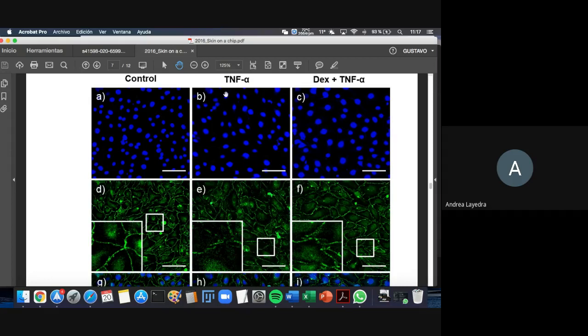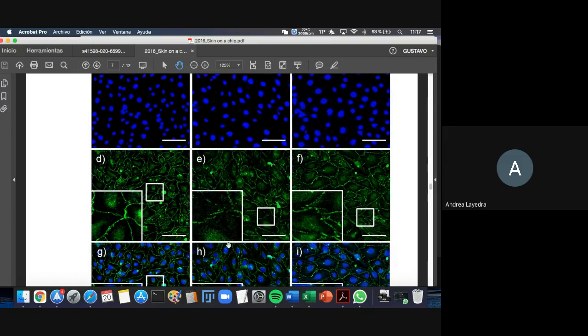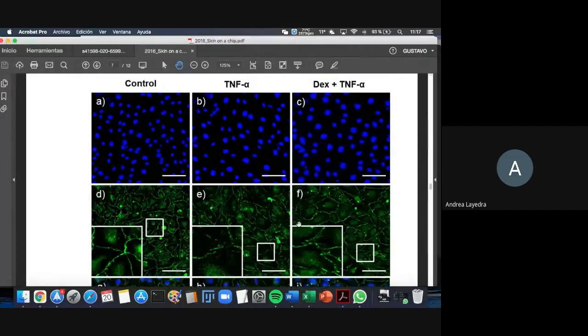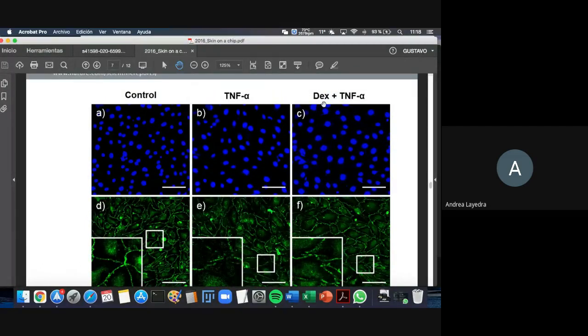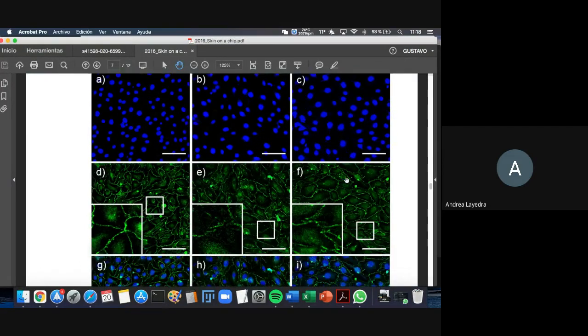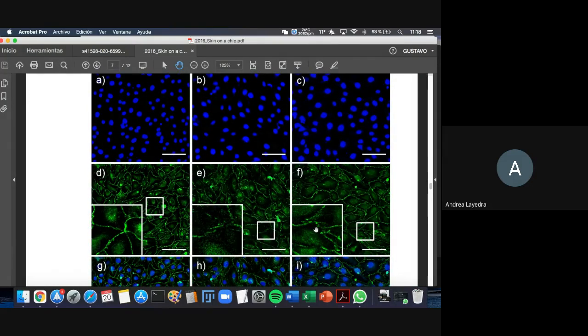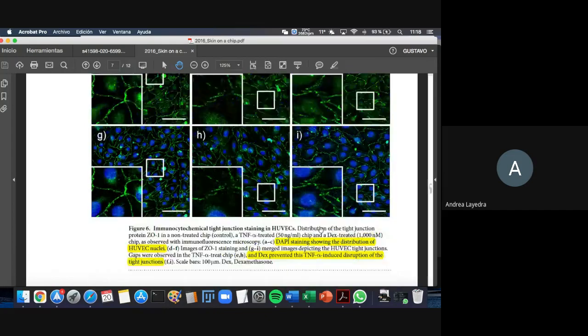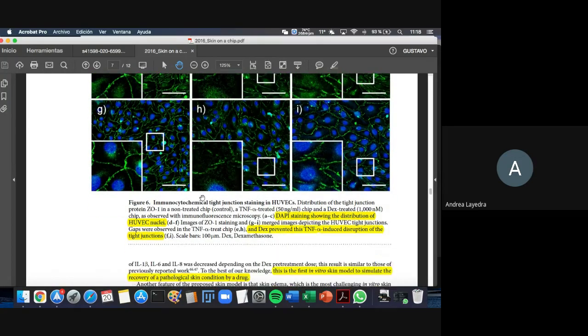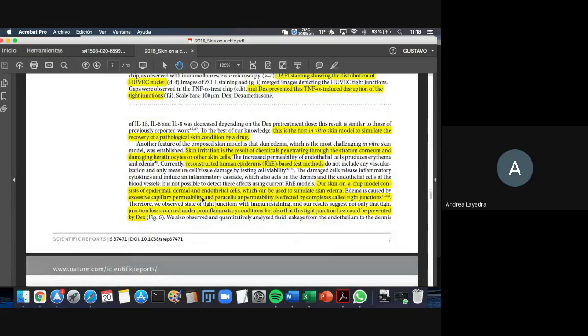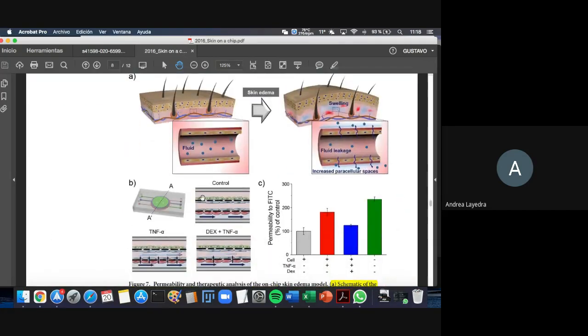But when you apply this tumor necrosis factor, the junctions are disturbed, the structure is disturbed. That's why the inflammation is produced. When you use dexamethasone as a pre-treatment, these junctions are protected. Here we see the merge of these two images, and that's how they produce this model of the skin on a chip.